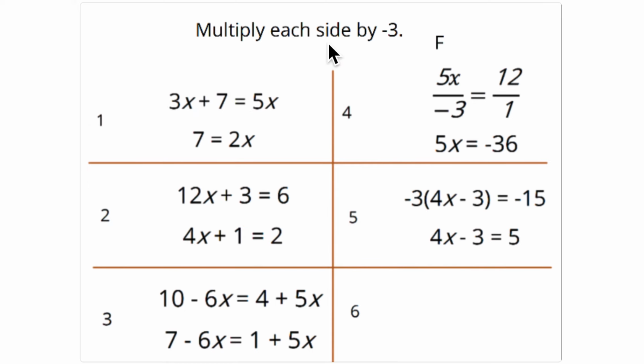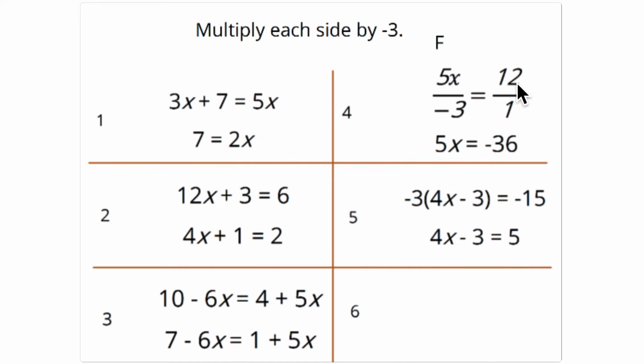The next one, multiply each side by -3. So now you're going to get rid of usually the coefficient, which in this case is going to be the multiplicative inverse of -3, which is -1/3. So do I have a -1/3 anywhere? And I do. It's right here. This is a -1/3. So times a -3, it's going to make this 5x.